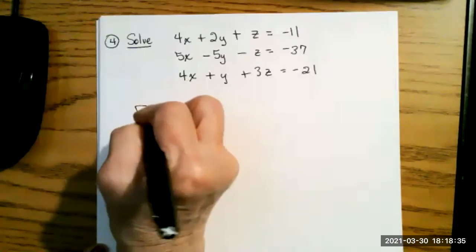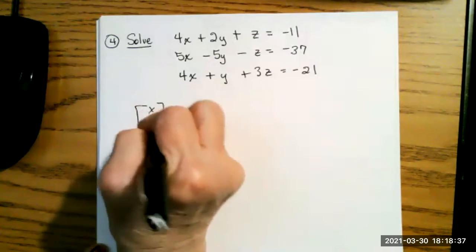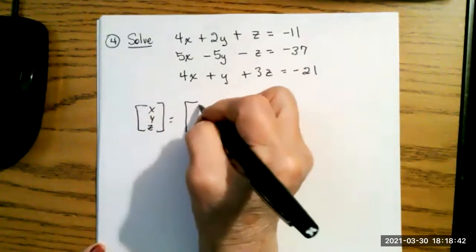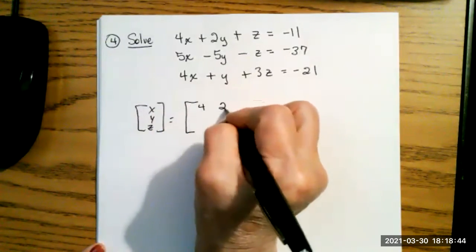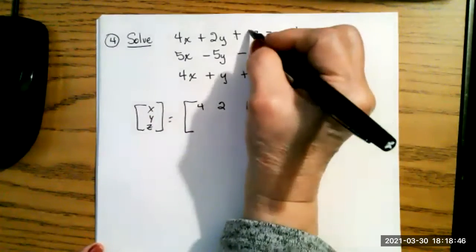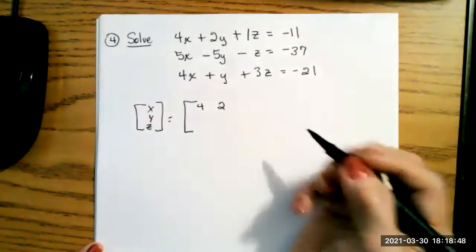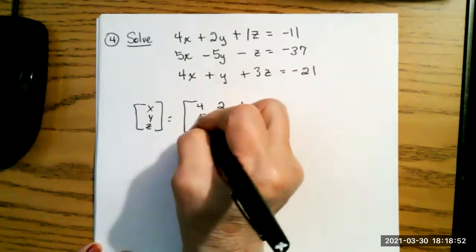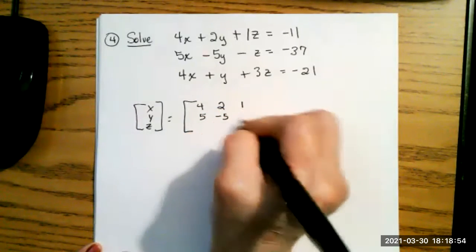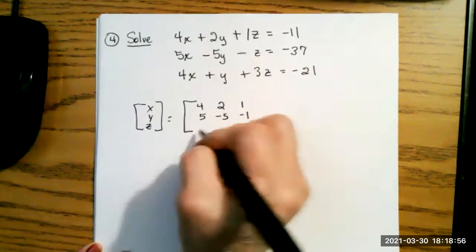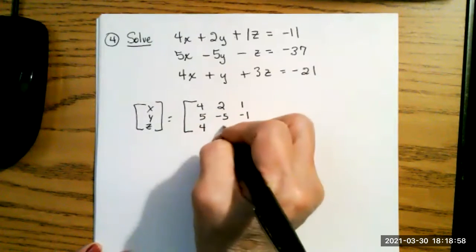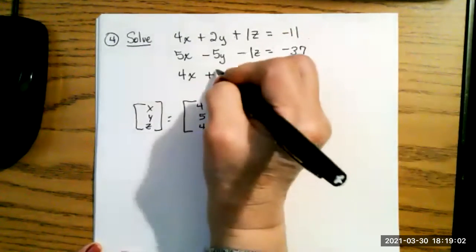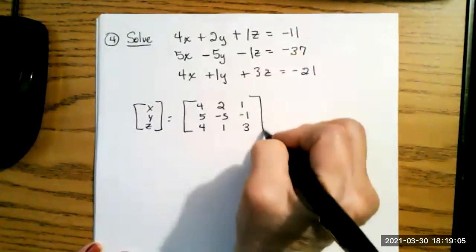So you write x, y, z equals, and in the body, which is going to be our matrix A, we put 4, 2, and this z has a 1 in front of it, remember. So that's a 1 coefficient for that one. Then 5, -5, -1, 4, 1, 3. There's a 1 in front of that z and a 1 in front of that y.